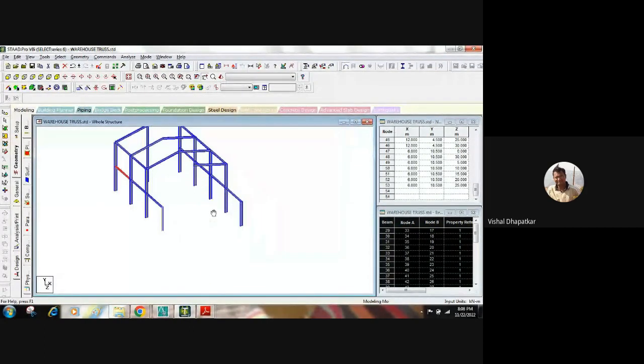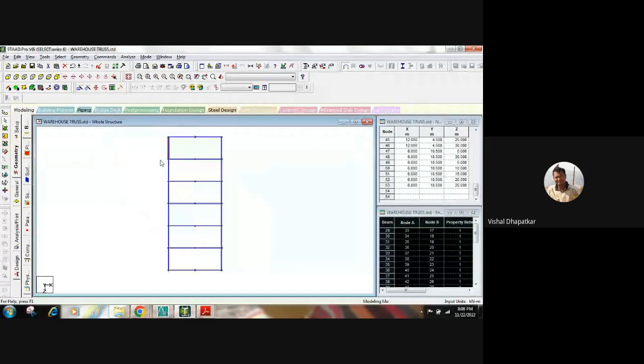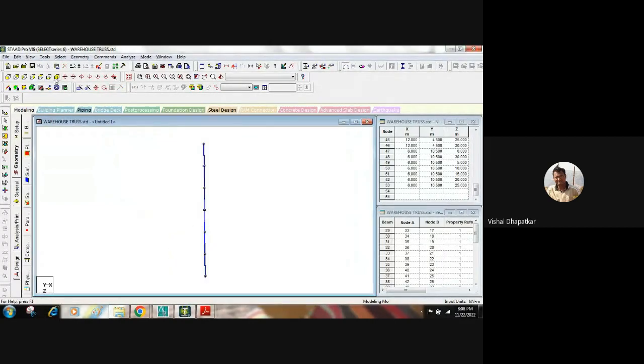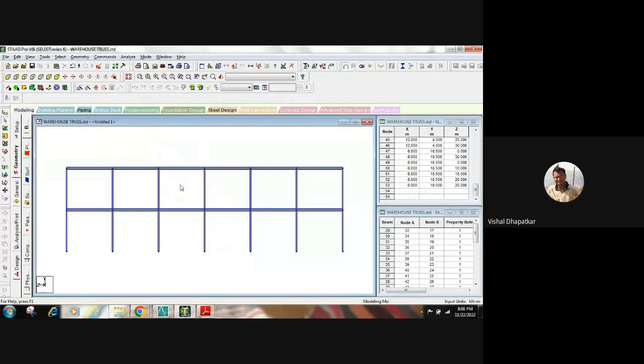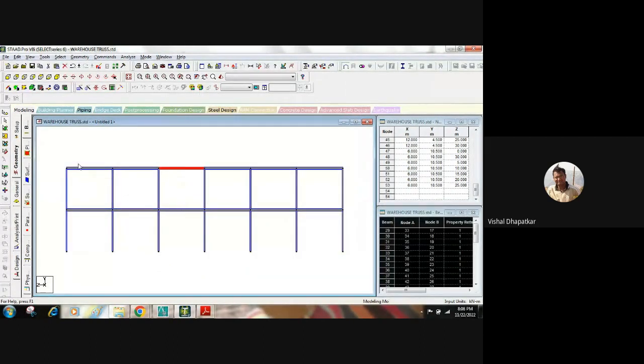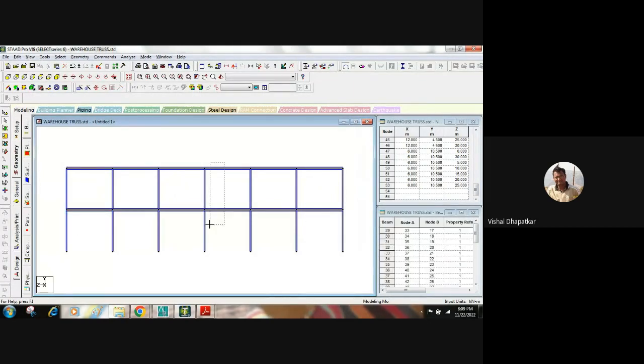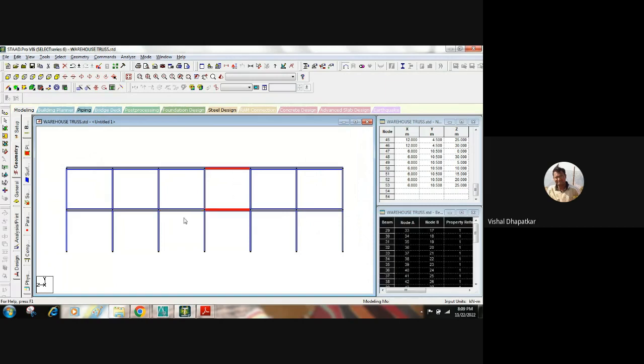Mhm. Okay, so just add bracing here. I'll add somewhere here. So where should I add bracing? On this bay, or somewhere in the middle? Which is the best location for the bracing?